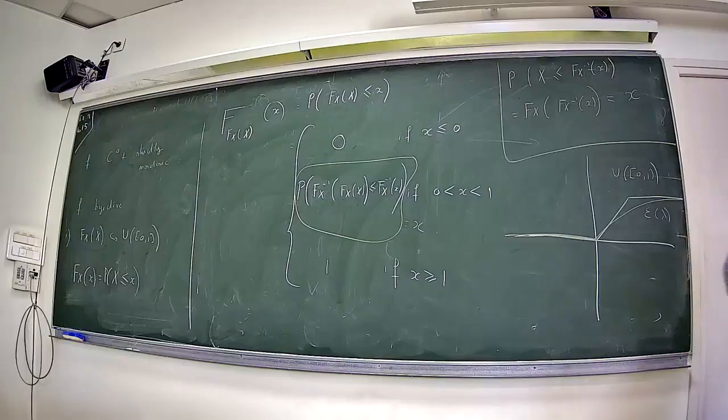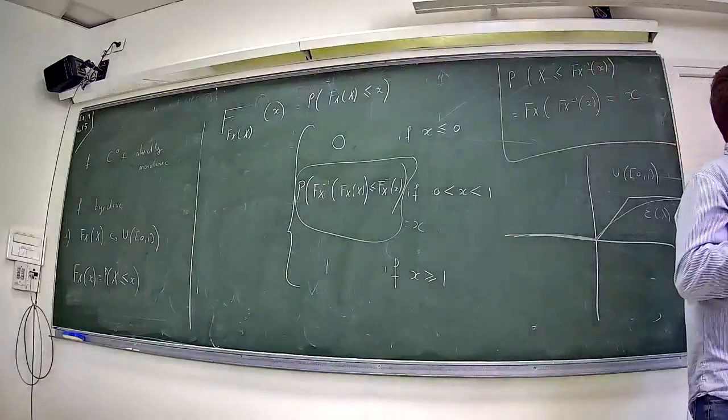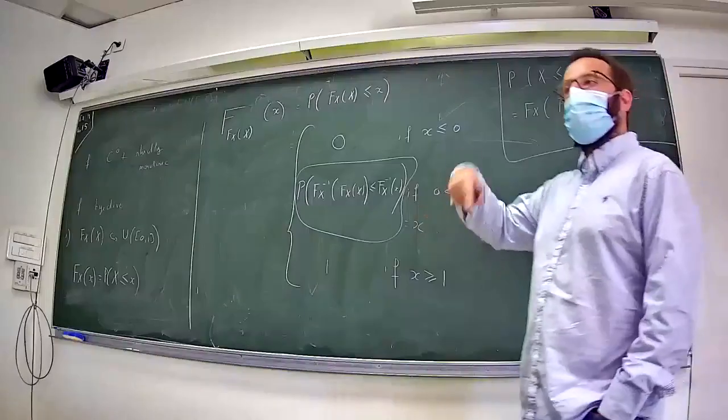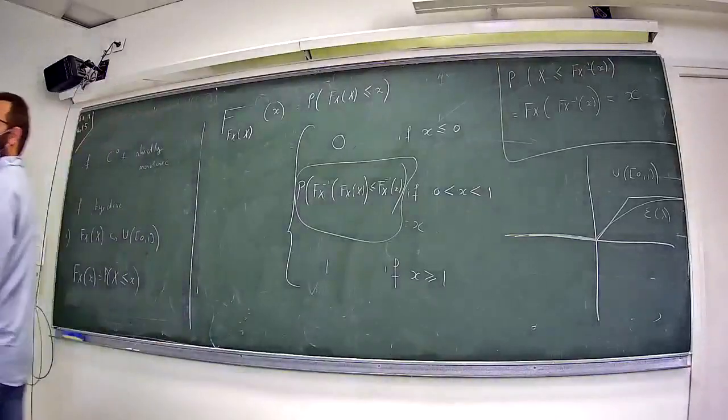So if you generate a uniform on the interval 0, 1, you will just have to apply FX minus 1 to what you have obtained, and then you will be sure to obtain a realization of my random variable capital X. Okay.